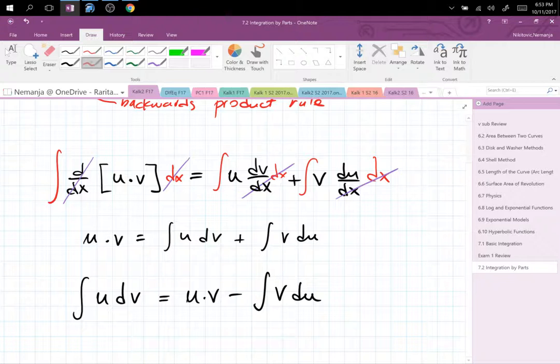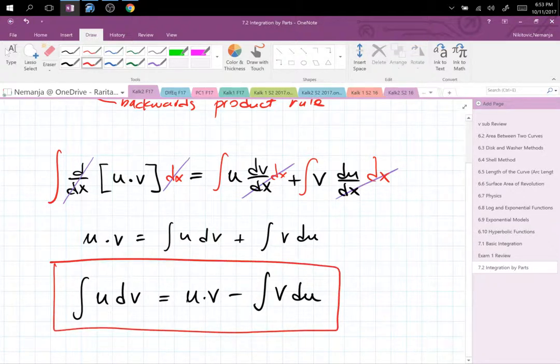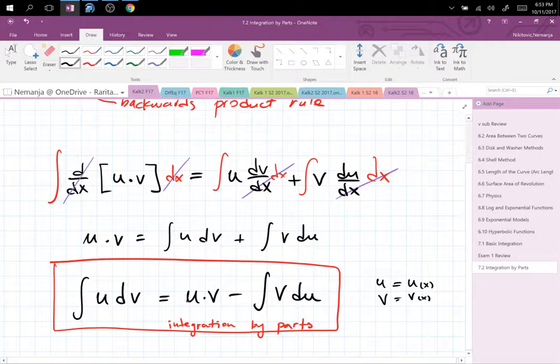This formula is known as integration by parts. Now you are memorizing this formula. You also have that U is U of x and V is V of x, right? So we know those are functions.